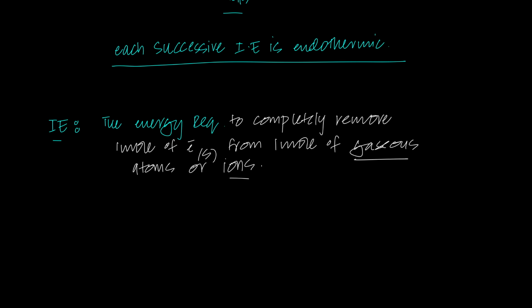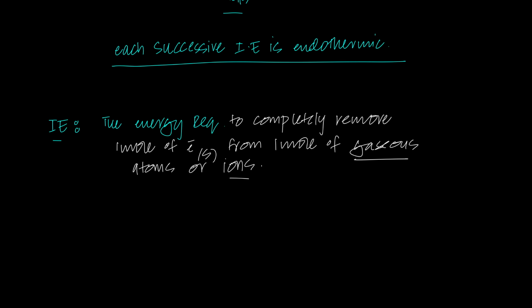And why is it gaseous? To isolate the atom, or the ion, from the interactions with the atoms closer to it. That's why we need it in the gaseous state to accurately figure out the energy required to pluck that electron off it.